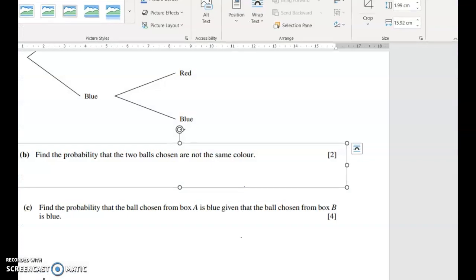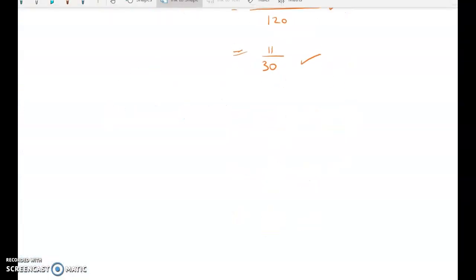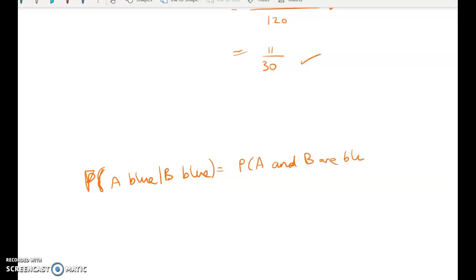Okay, then the next question was a conditional probability one. Given that the ball we chose from box B is blue, what's the probability that the ball chosen from box A is also blue? Conditional probability is a really useful idea in probability, and we're going to write it using this notation: the probability that A is blue given that B is blue is equal to the probability of both of those things happening, that A and B are both blue, divided by the probability that B is blue.